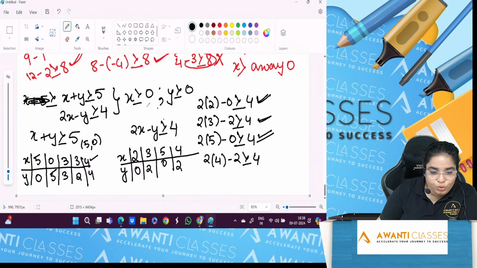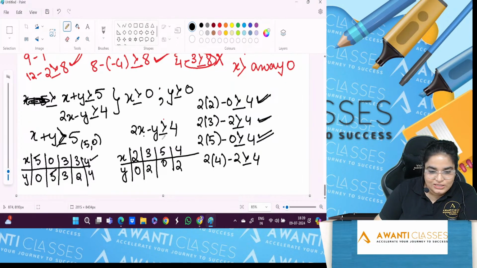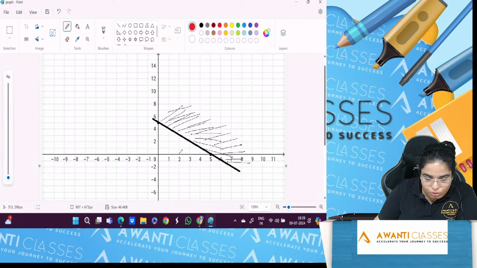Similarly, if I told you that x and y is greater than, it means away from the origin. So that works. Now let us see the second one. 2 and 0 will work.